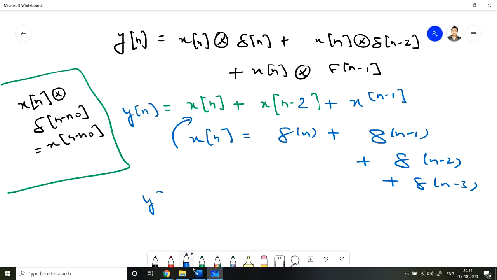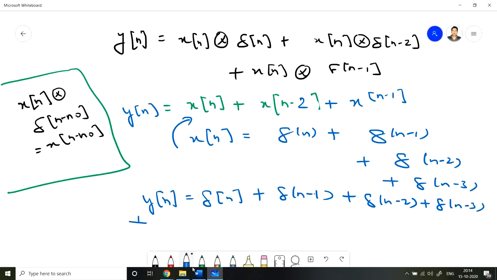So yn is equal to del n plus del n minus 1 plus del n minus 2 plus del n minus 3, plus we have this delay of n minus 1, so it will become del n minus 1, del n minus 2, del n minus 3, del n minus 4.